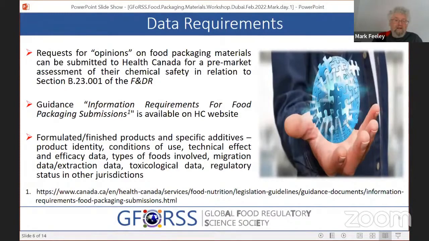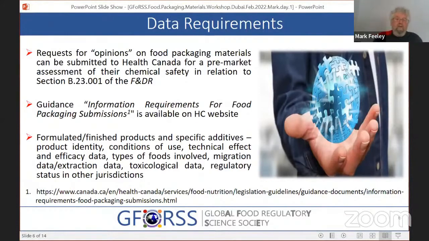Essentially, when this information requirement for food packaging submissions is fulfilled, it will meet the obligations as defined under Section 4 of the Food and Drug Act and Division 23 of the Food and Drug Regulations. If all the information is provided and considered acceptable following a review by Health Canada, then the conditions of the Food and Drug Act and Food and Drug Regulations will have been met.